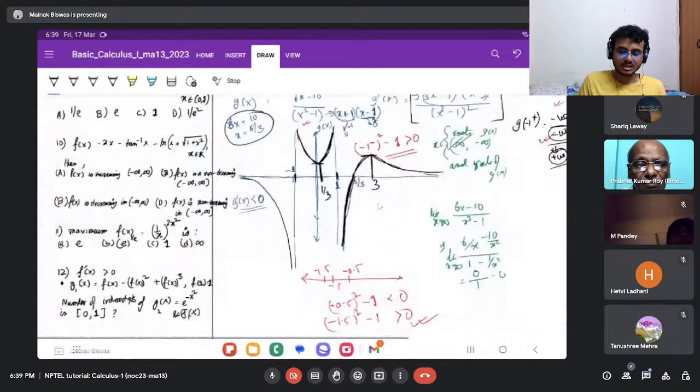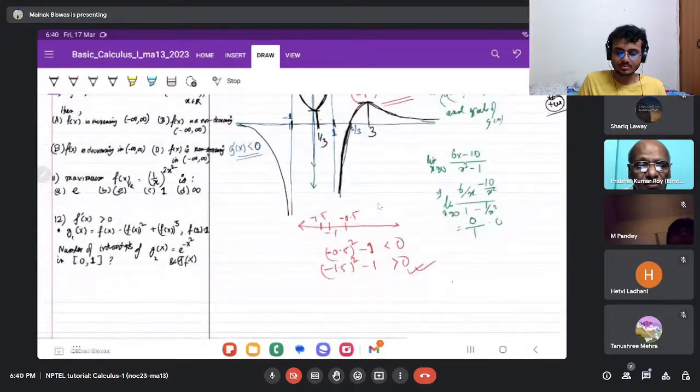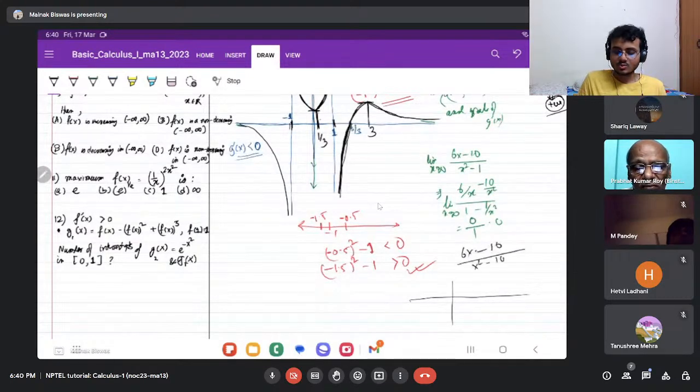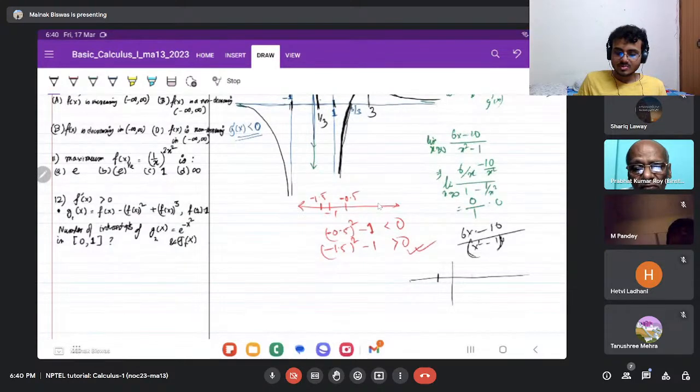Let's draw the sign curve of g of x also. The numerator is 6x minus 10, and the denominator is x plus 1 times x minus 1. For x greater than 5 by 3, is the function positive or negative?